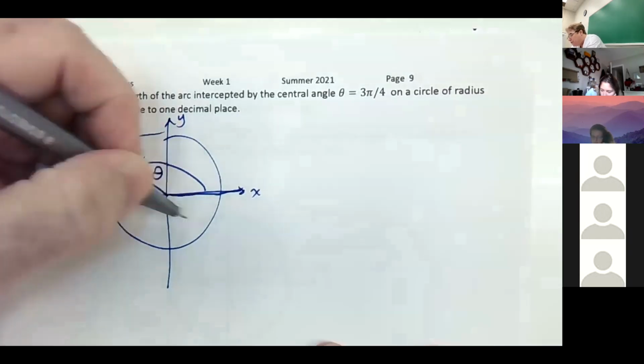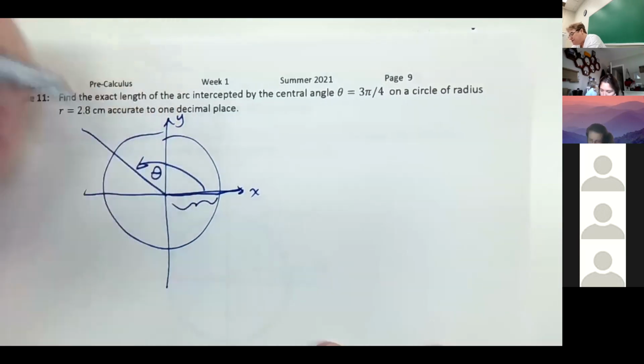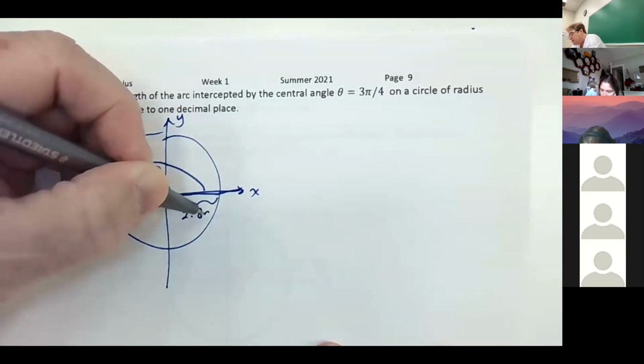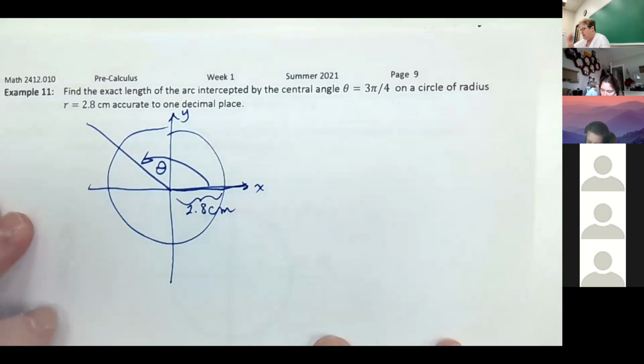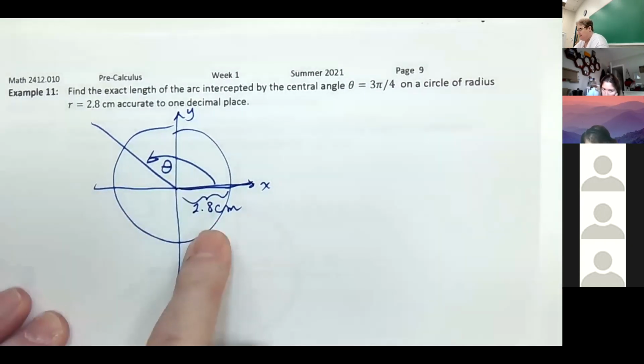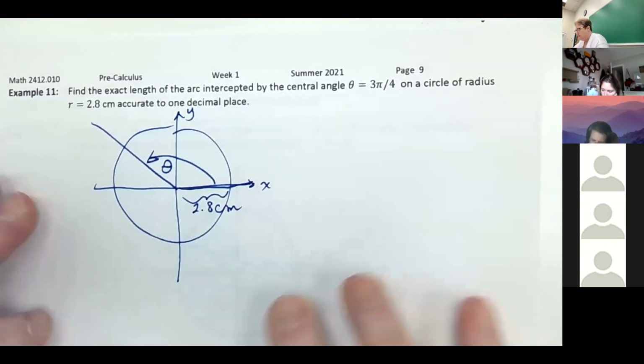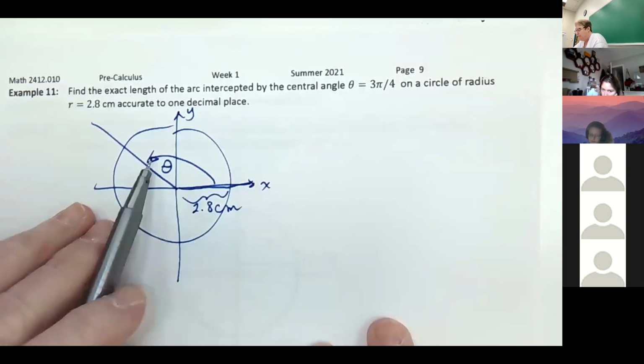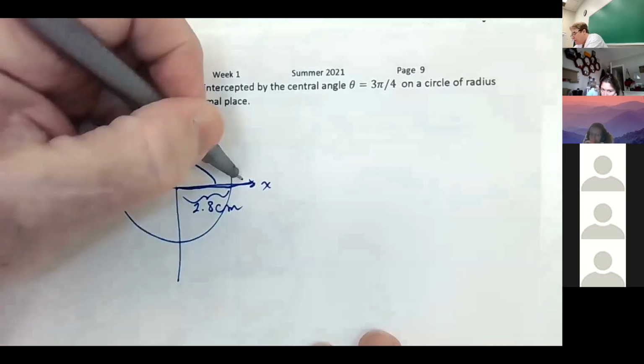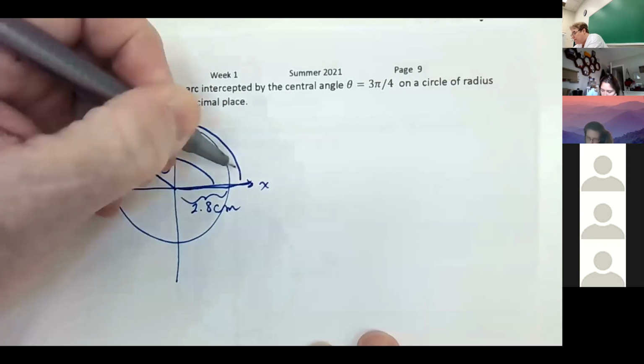And we know that the radius of this circle is 2.8 centimeters. So remind me what the formula is. Remind me by looking at it yourself and tell me how I can find this arc length.